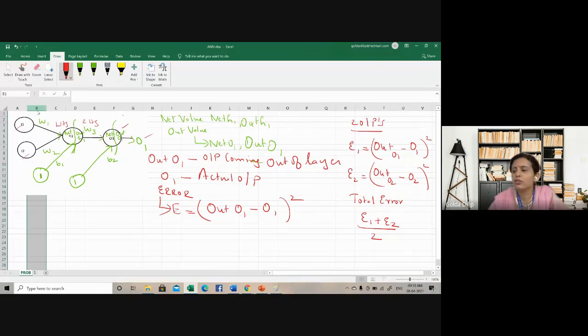Bias should be associated with each node, which has a value 1 and a weight associated with it, B1 and B2. Then I classified the hidden node and output node into two parts. One part is called the net H1 and another part is called the out H1. Then we also looked into how the error is calculated.